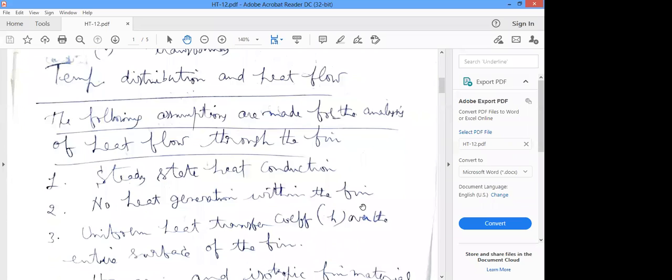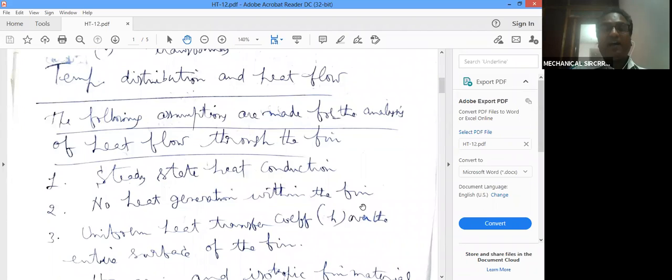So temperature distribution and heat flow. Here there are different types of fins. One by one we have to discuss. So here, how do you find out temperature distribution? Whenever you heat a fin, what is the equation for temperature distribution?